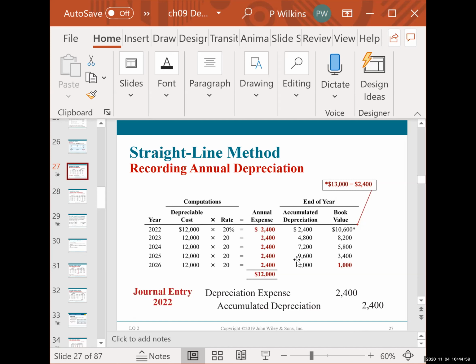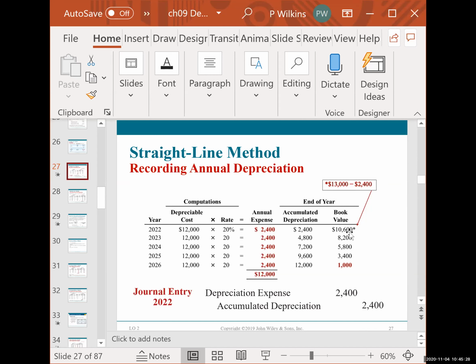Oh, sorry. This is just showing you what happens when you buy it, how your journal entries happen each year. It's showing you how that plays out. So with the straight line method, you would do the same amount, $2,400 every year. And so the book value would go down. You don't change the value in the books, right? The purchase price, the historical cost of it still shows on that equipment, and that's the $13,000.